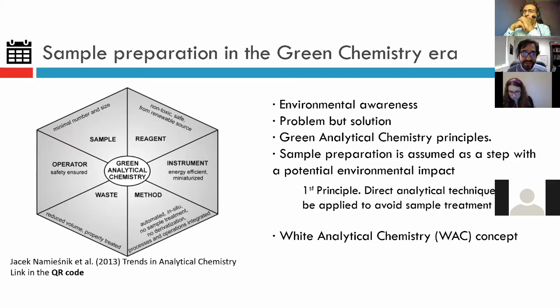So I'm saying at the same time that I am a scientist, and I think that I am environmentally responsible. I'm aware of the impact of our activities, but at the same time, I'm saying that sample treatment, which is my field, can be considered a risky step in this scenario. This may sound weird, but it's not weird at all.